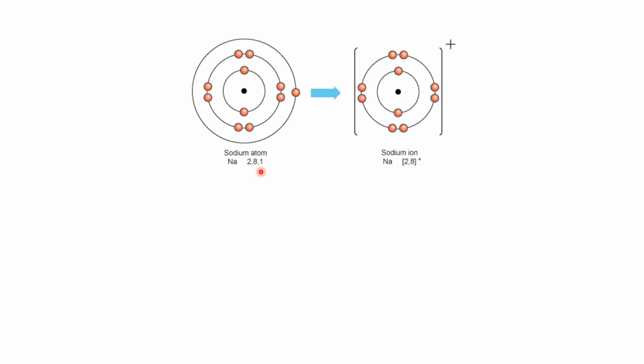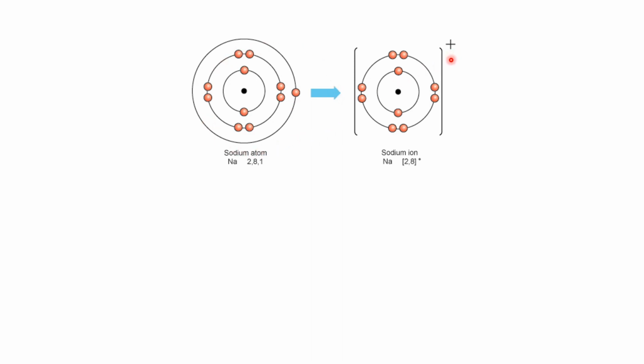Still, the third orbital has the limit of 18. So if extra electrons were there, they could be accommodated in the third orbital. But till now, in the first orbital there are 2 electrons, in the second there are 8 electrons, and in the third there is 1 electron. Now, if this electron comes out of the shell, out of the atom, since electrons are negatively charged, if it goes out of the atom it will leave a positive charge on the atom.